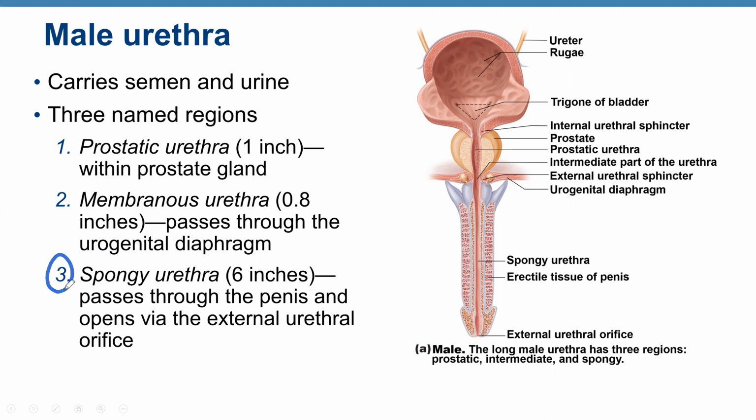Then comes the spongy urethra, which is inside the penis. It's the longest part, about 6 inches, passes through the penis and opens via the external urethral orifice. So that's the opening. This structure over here, shown in pink, is the erectile tissue of the penis.